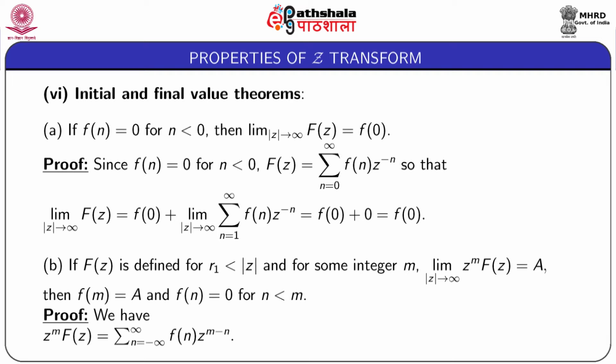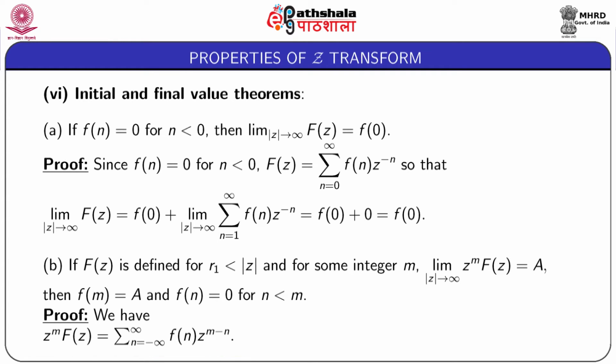For proof, we have z to the power m F(z), this is equal to summation n equal to minus infinity to plus infinity f(n) z to the power m minus n.